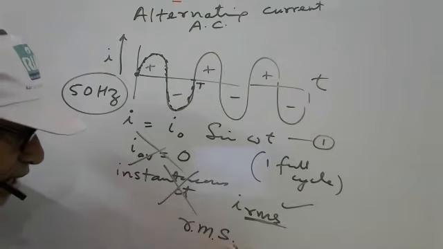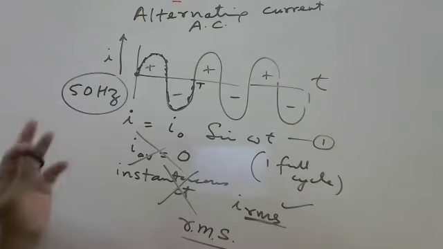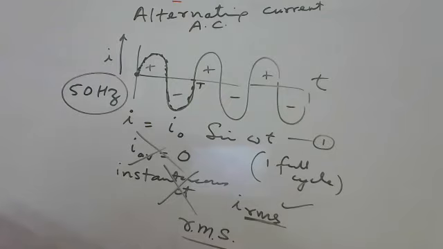That is what is called RMS value, root mean square value, which is never 0. So in AC, we can measure only the RMS value. We cannot measure the average value, we cannot measure the instantaneous value, because it changes very fast. We cannot even think of measuring it. For AC only the RMS value can be measured. Got this point? Got it?